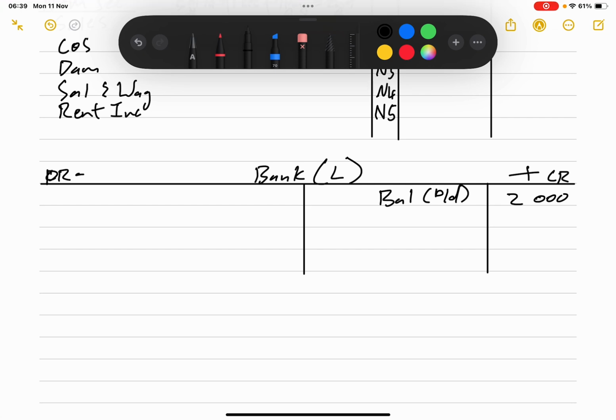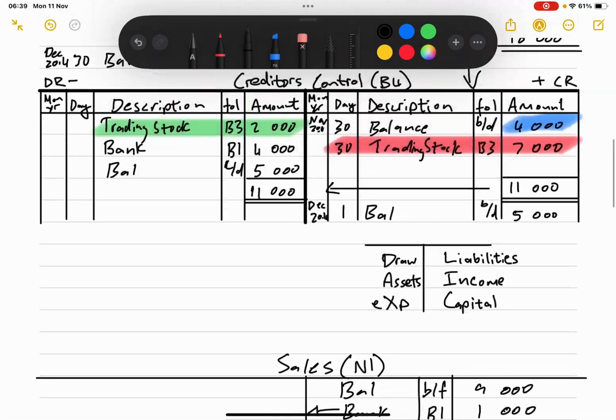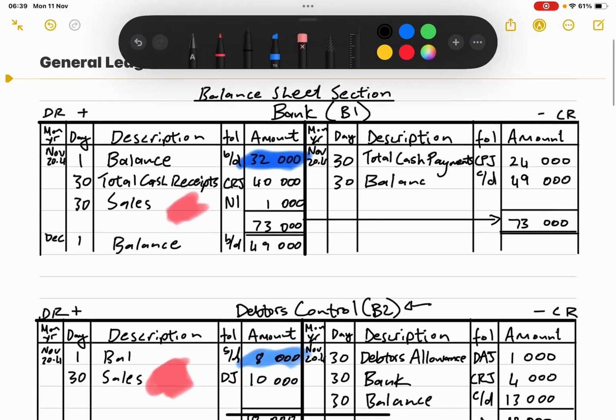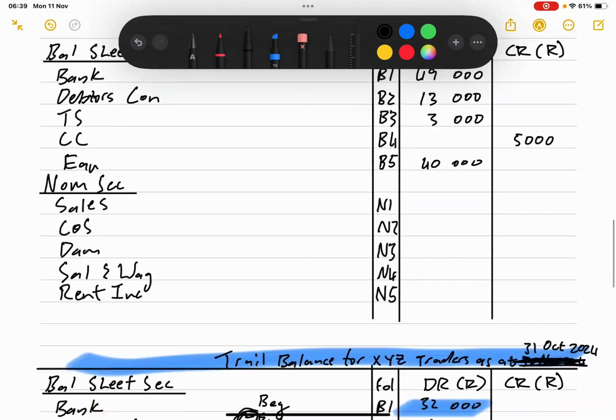So if you have to pay someone, that's going to increase the amount of money you owe the bank, because the bank has now paid that on your behalf, right? So your total payments will increase the amount that you owe the bank. So let's say that is, copying these figures up here, 24,000 Rand.